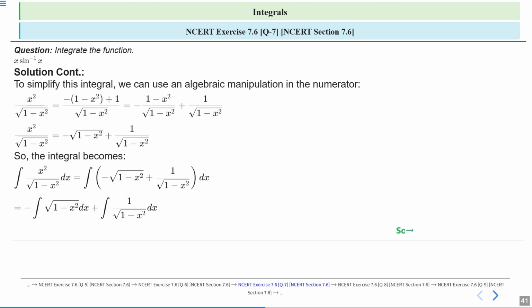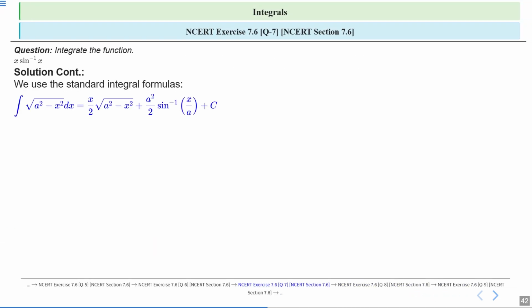Now these are standard forms of integration. We know the value of these integrals. The first standard integral formula is integration of root under a square minus x square dx is equal to x by 2 square root of a square minus x square plus a square by 2 sine inverse x by a plus c. And the second standard integral formula is integration of 1 by root under a square minus x square dx is equal to sine inverse x by a plus c.